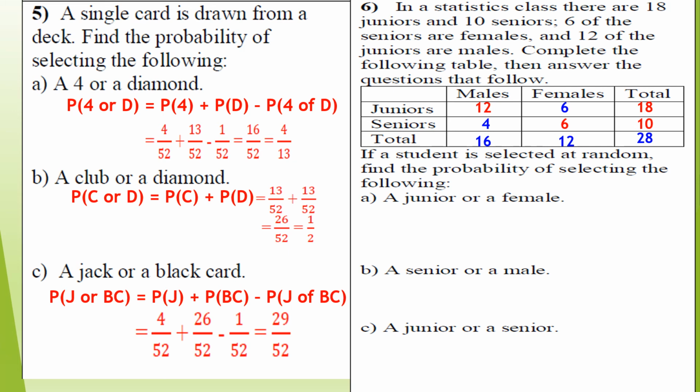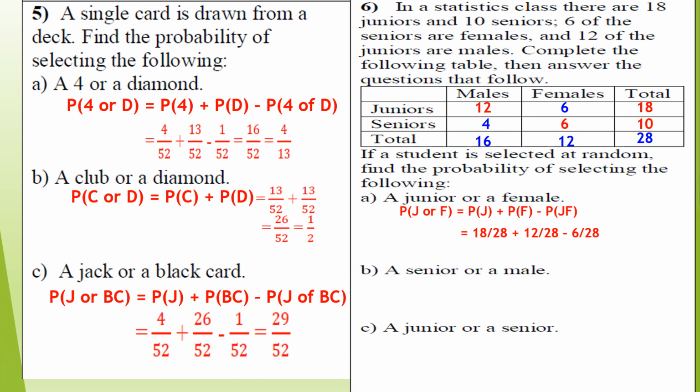If a student is selected at random, find the probability of selecting the following: a junior or a female. So, junior or female is equal to the probability that it is a junior plus the probability that it is a female minus the probability that it is a junior female. So the probability that it is a junior is 16 over 28.